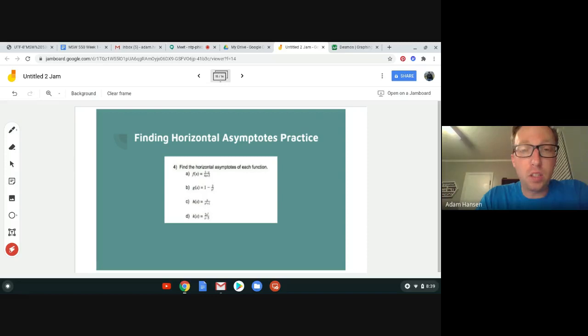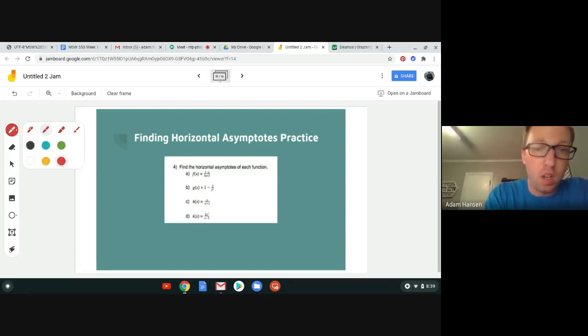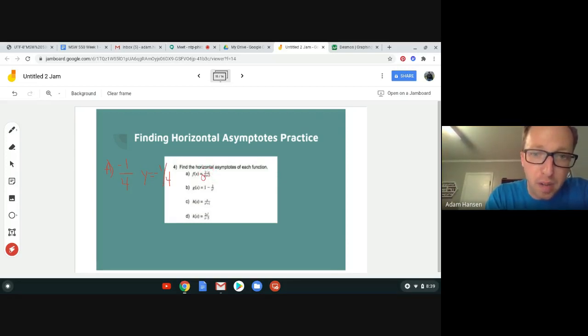When that's the case, look at your ratio of leading coefficients. The leading coefficient in the numerator would be negative 1, and the denominator leading coefficient would be 4. So y equals negative 1/4 would be our horizontal asymptote. I have negative 1 divided by 4.